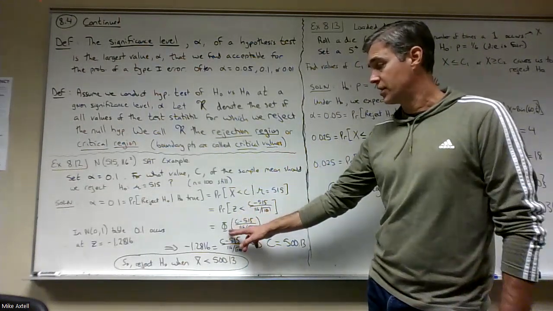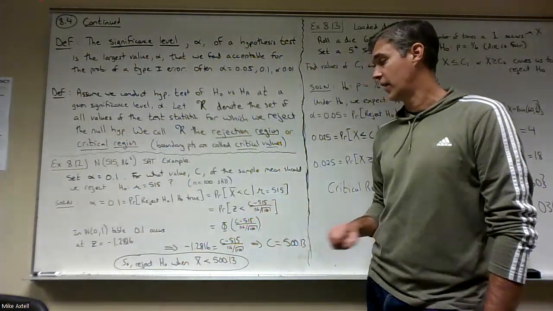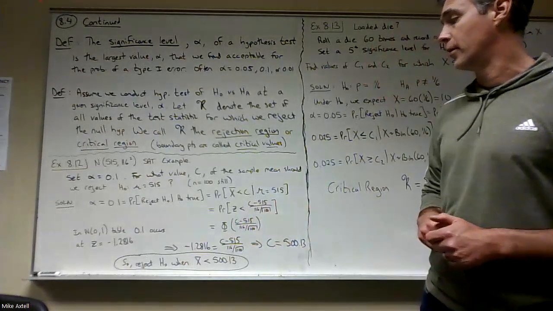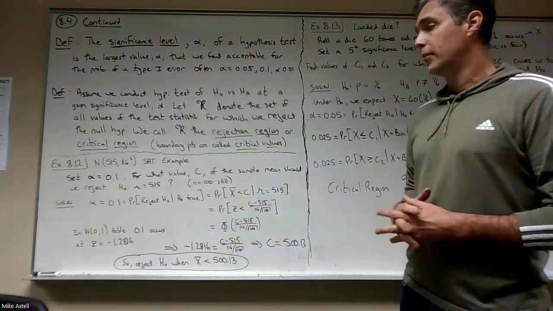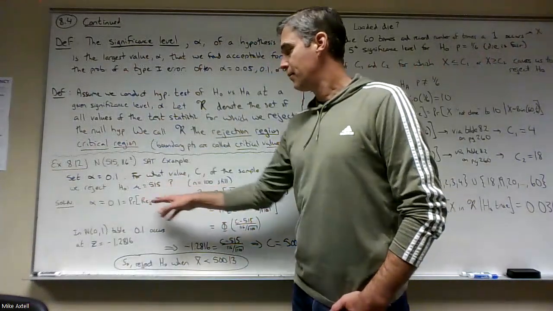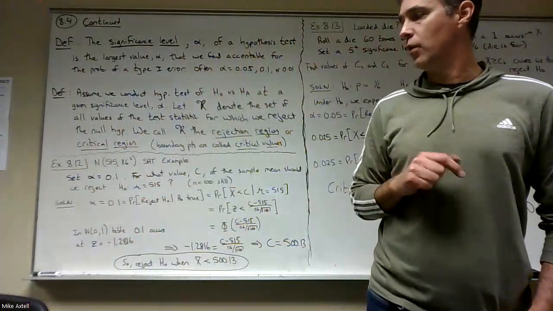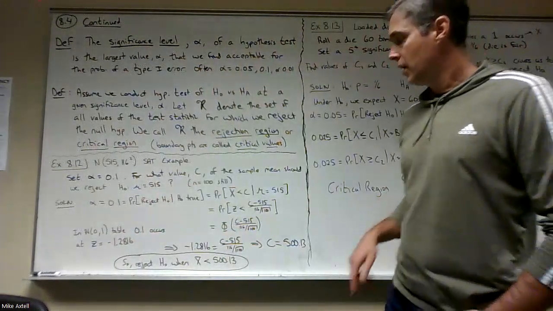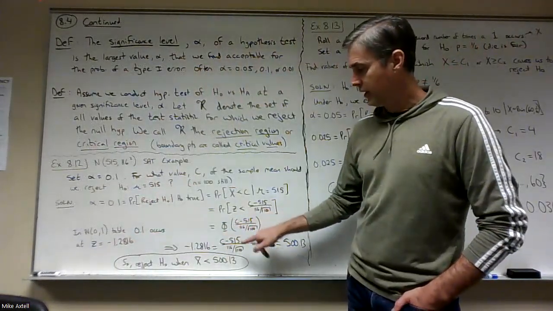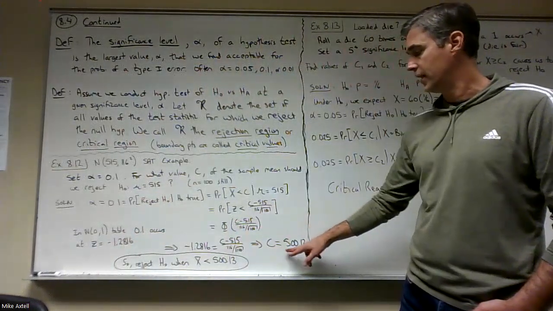So that gets me the standard normal CDF evaluated at that value, C minus 515 over 116 divided by root 100. Now, from the standard normal table, if 10% of the time this is going to happen, that corresponds to a z-score of negative 1.2816. So I'm going to set this value equal to negative 1.2816 and solve for C.